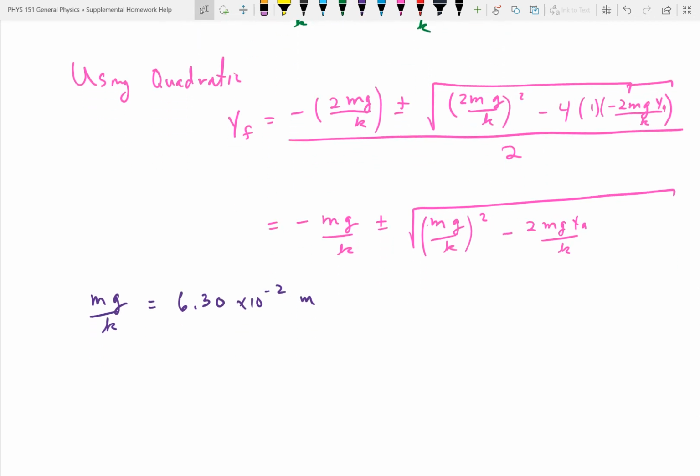And so my y final is equal to minus 0.0630 meters plus or minus the square root.